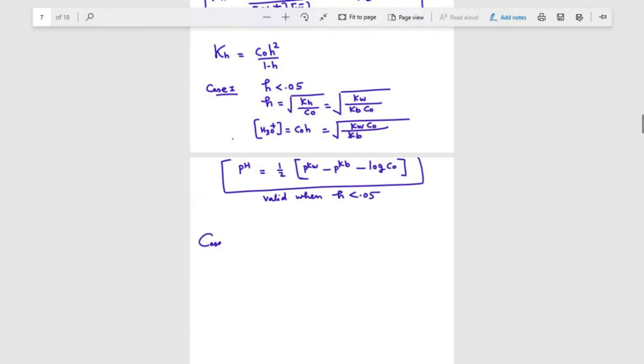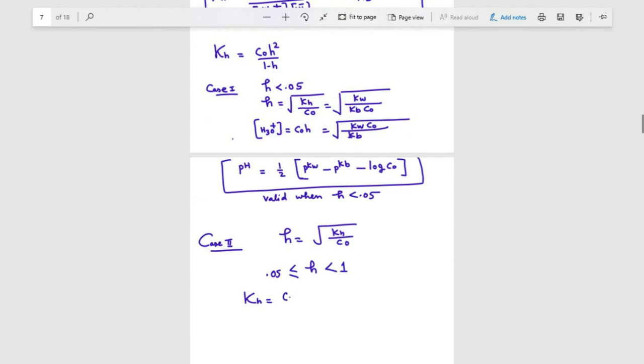And the second point is that you have applied the same formula in order to calculate h, and while calculating you are getting another situation. You are getting a value of h which may be greater than or equal to 0.05 and less than 1. Then we'll say that we cannot neglect h with respect to 1. We have to solve the quadratic equation. What is the quadratic equation?